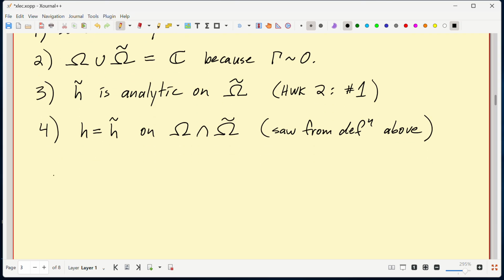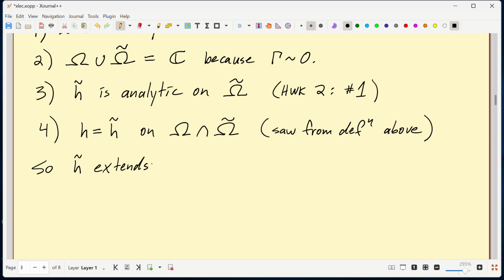What that shows is that h twiddle extends h. When you pick a point in the whole complex plane, if it's in the intersection, then it's clearly analytic on an open little disk, and if it's in omega but not the other one, it is clearly. And if it's in the complement, it is clearly.